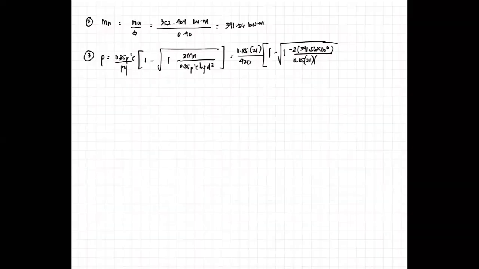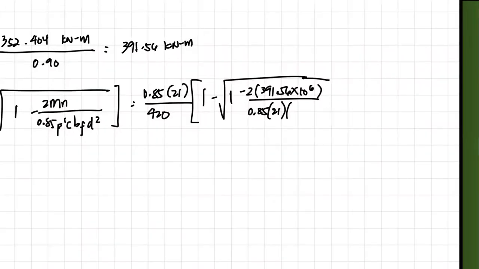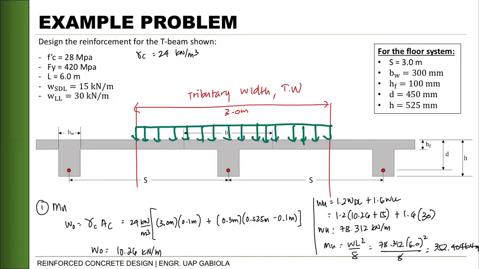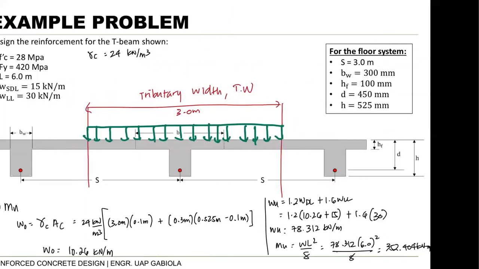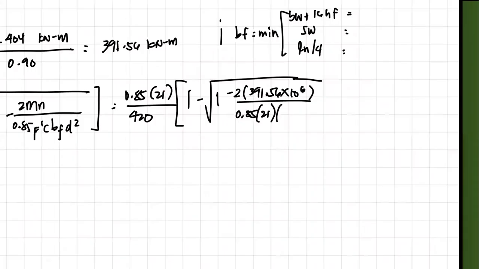So let's calculate bf pala. According to our formula, bf is equals to the minimum between bw plus 16hf, sw, or ln over 4. How much yung bw natin? bw is 300. Okay?